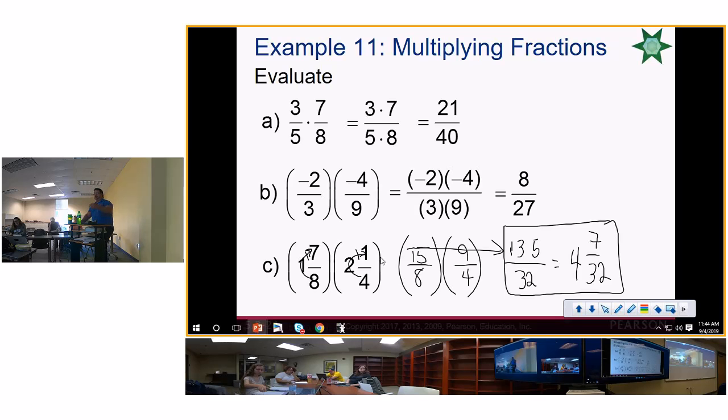If you start with a fraction, you end with a fraction. If you start with a mixed number, you end with a mixed number. Other than that, I would take the 135 over 32 because the only other reason you need a mixed number is for units of measurement, whether it be miles, grams, cups, quarts, whatever. So that's that.